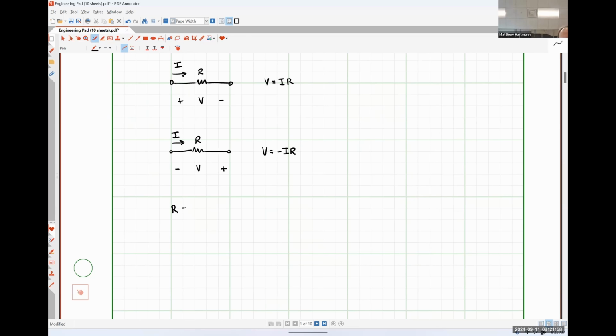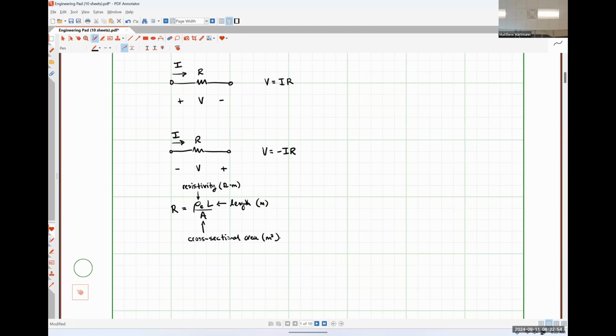So resistance R can be calculated for a given medium as rho subscript E. So that is the electrical resistivity, measured in ohm meters, typically, times the length of our object divided by the cross-sectional area of our object, where length is typically measured in meters and cross-sectional area is typically measured in meters squared.